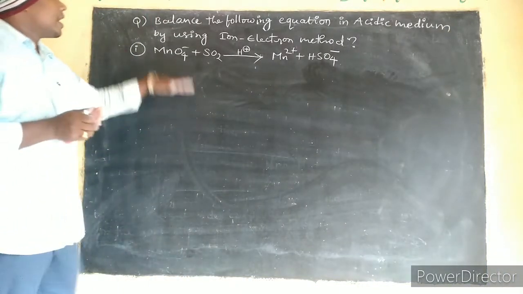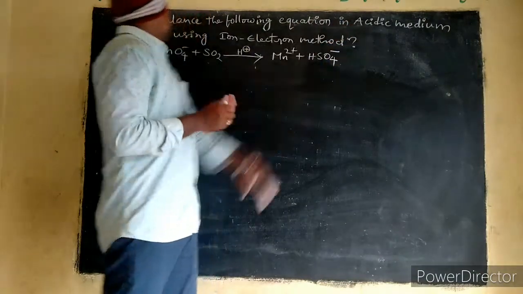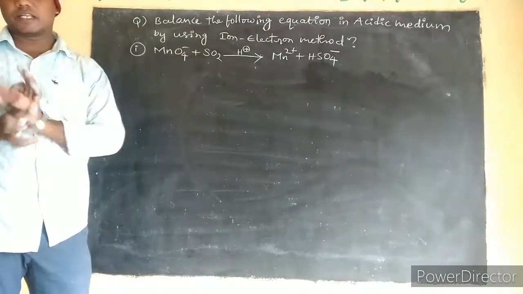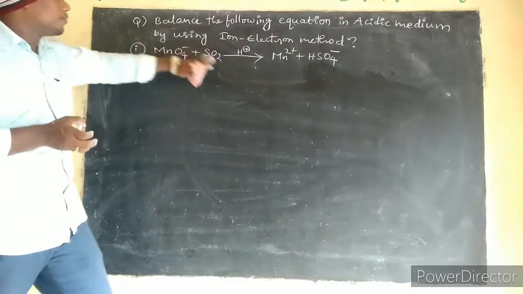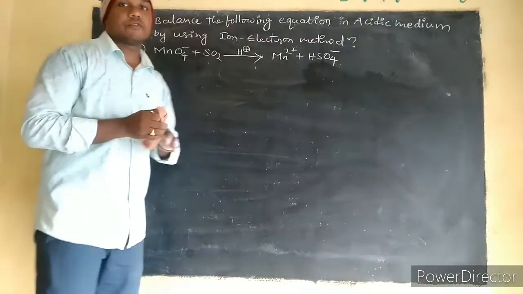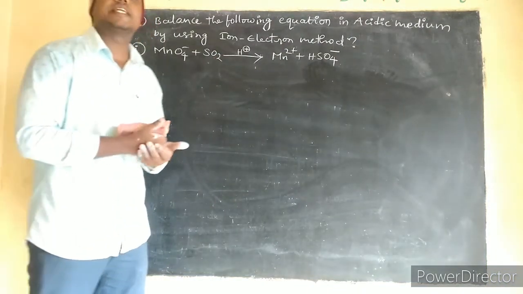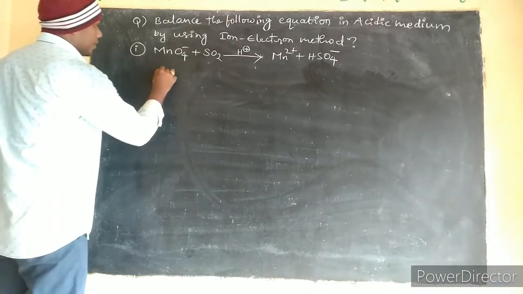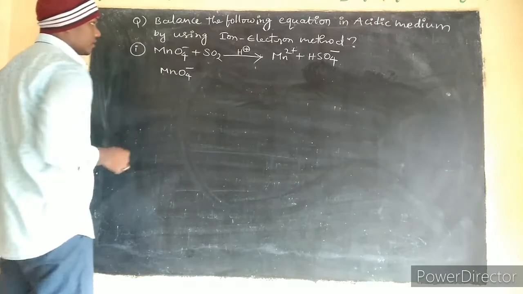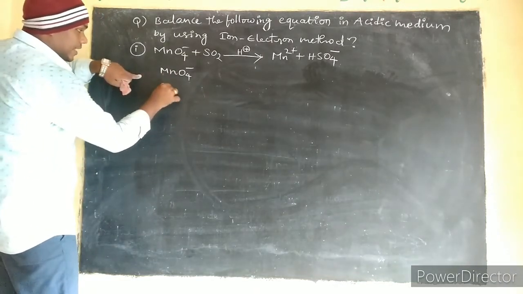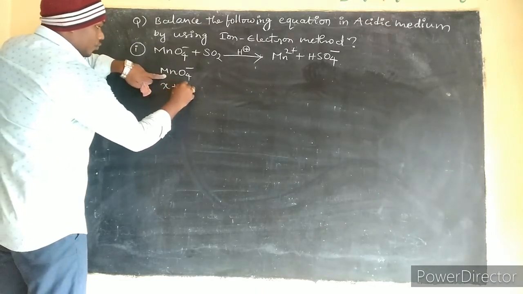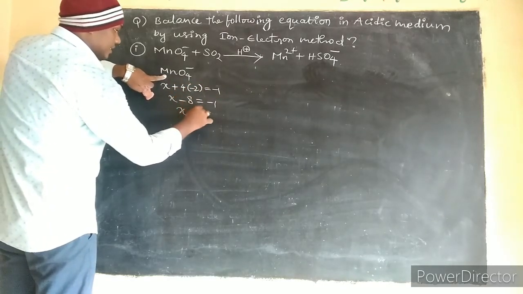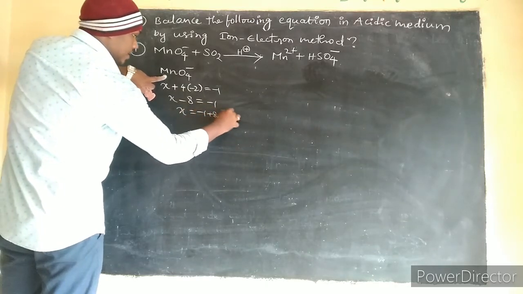Now the question is, balance the following equation in acidic medium by using ion electron method. We have to balance this chemical equation, correct? Before going to balance, first we have to find out the oxidation numbers of each atom in the chemical equation. Now for MnO4 minus, x plus 4 into minus 2 is equal to minus 1, x minus 8 is equal to minus 1, x is equal to minus 1 plus 8, that is plus 7.